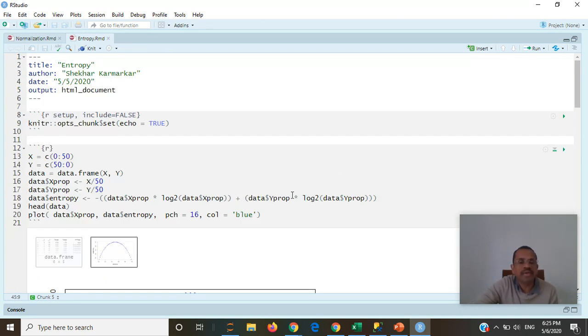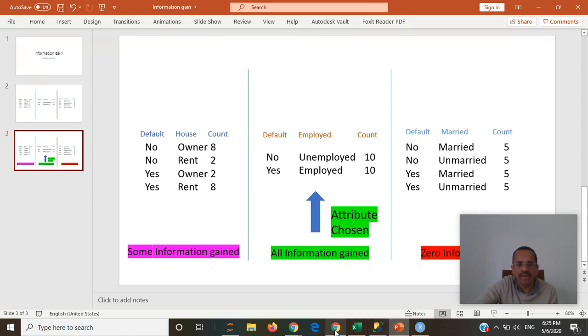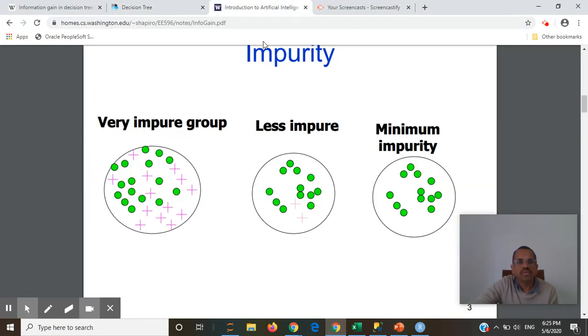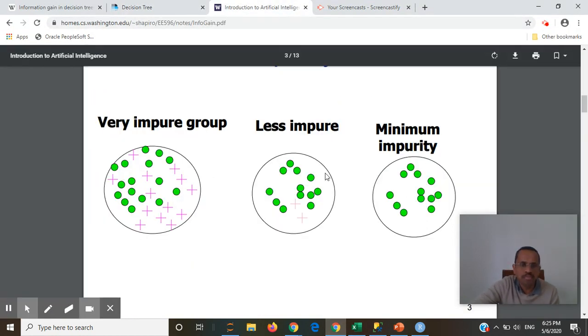So to get the idea of what is entropy, I created this small code, and I will show first what is entropy. So this is a mixture of groups. Suppose this is the X value and this is the Y value. Suppose we are talking about marital status. So the green dot is married and the plus sign is unmarried. And in this group, it is combined.